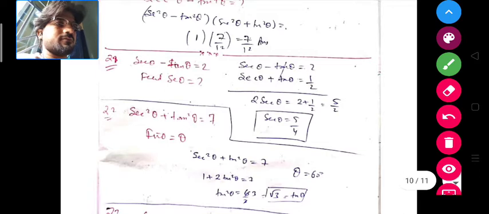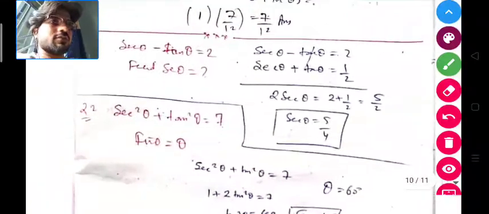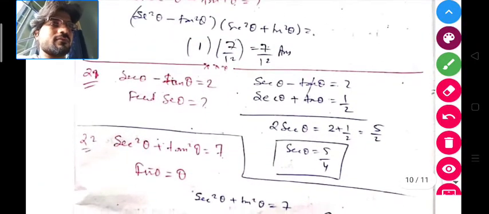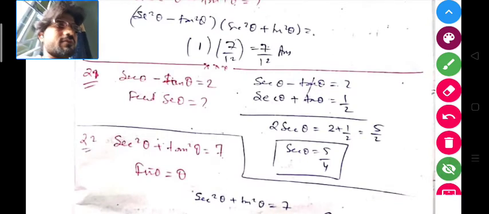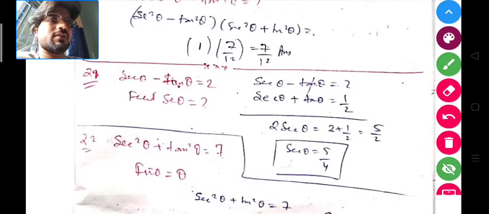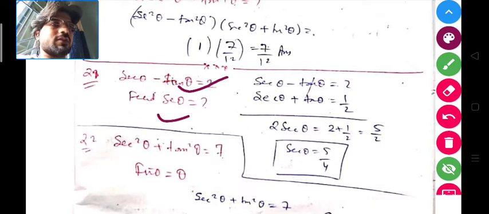Okay, this question, this is a good question. We have sec theta minus tan theta is equal to 2. Find the value of sec theta.